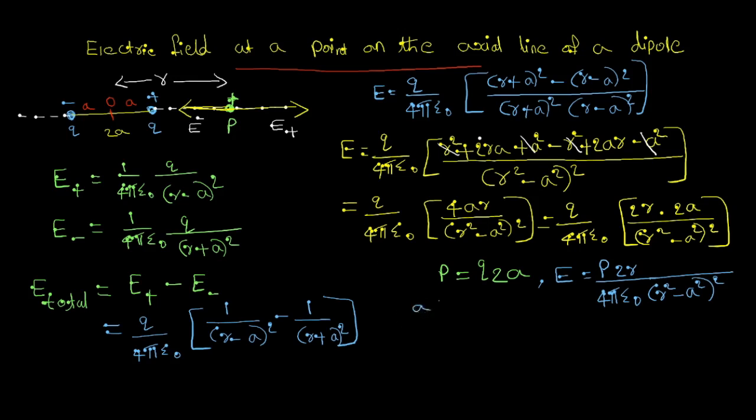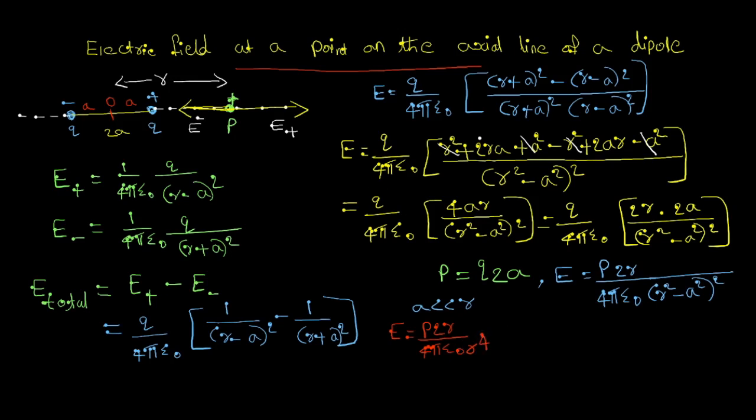So a is very much less than r, and we can cancel out the term a square. So we get E is equal to p into 2r divided by 4 pi epsilon 0 r. We cancel out the term a square, then we get r raised to 4.